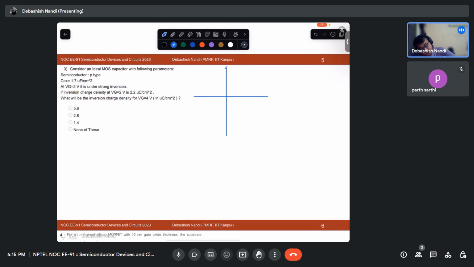Let me draw a graph for you and you tell me whether you know this thing or not. Let it be Q. Has this plot been discussed in the lectures?